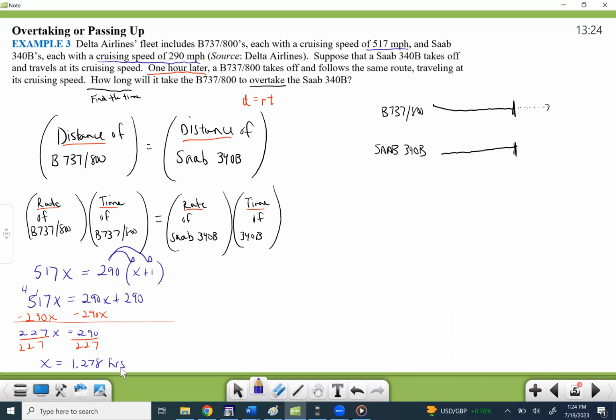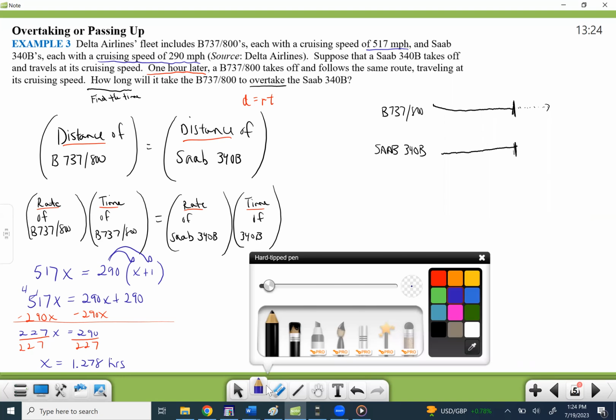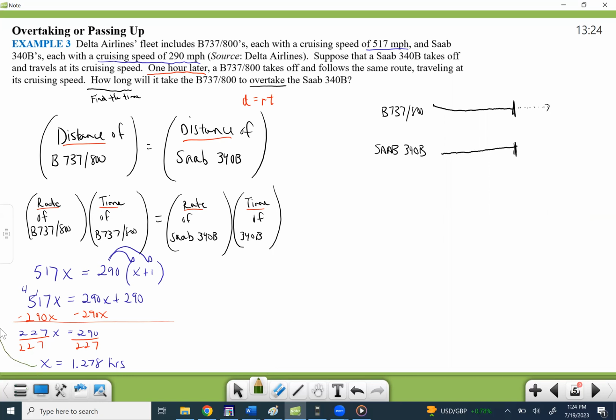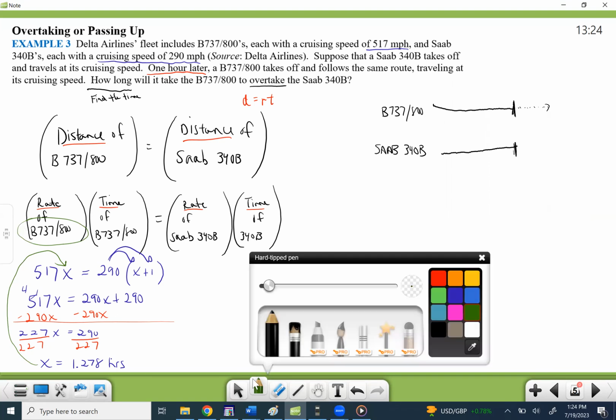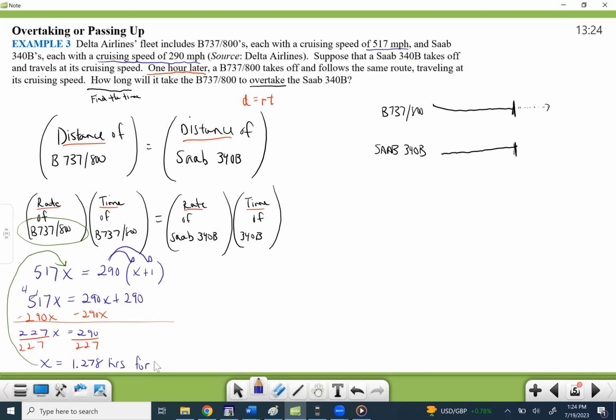All right, now let's kind of make sure we know who that was. Was that for the Saab or was that for the B737? Well, if you trace it back, right? X, the first, oops, that X is right here, right? And that's going to be for the B737/800. So I'm going to go ahead and say for B737/800, we'll box that.